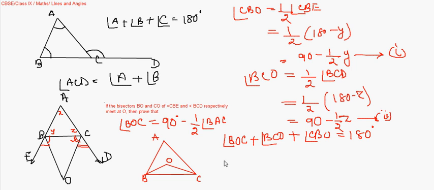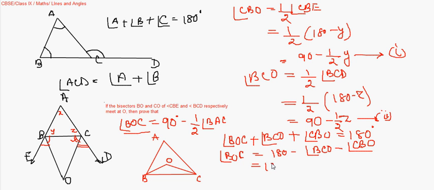Now BOC, let it be on the left hand side because we have to find that part out, will be equal to 180 minus angle BCO minus angle CBO.